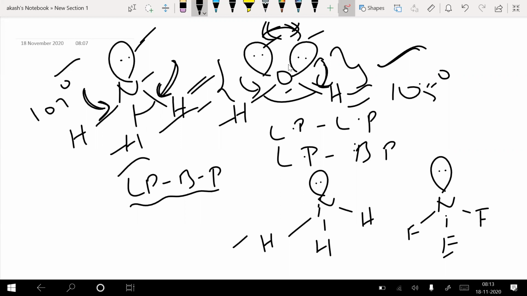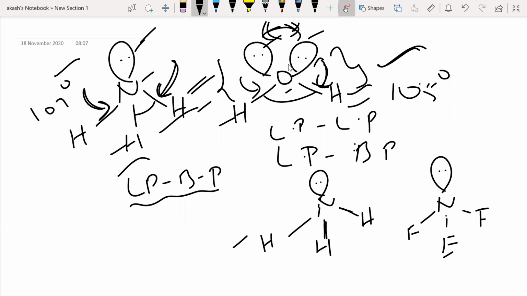What you can understand is that these bonds which I have here, the NH bonds, are comparatively more polar than the NF bonds, because the difference in electronegativity between nitrogen and fluorine is not much. I mean, there is a difference, but compared to the difference here, it is definitely lesser. Between the NF bond, the polarity is lesser.